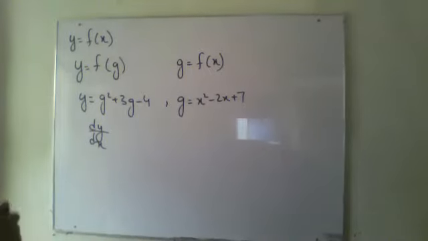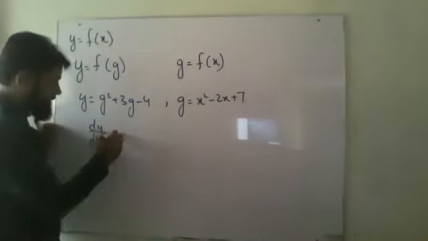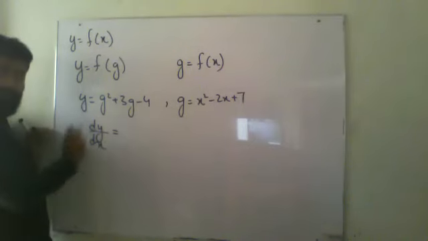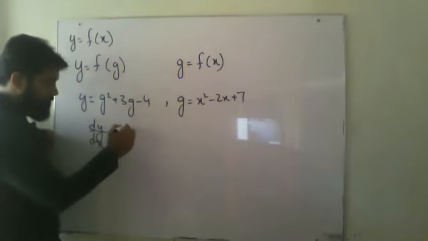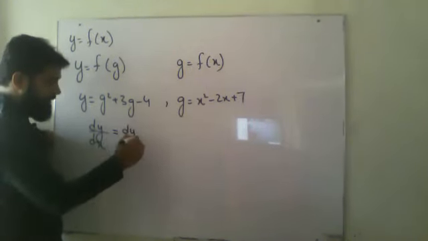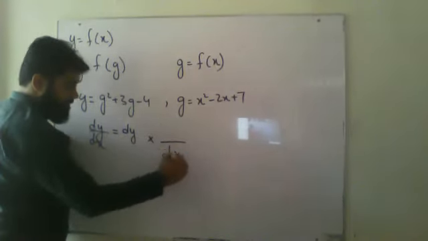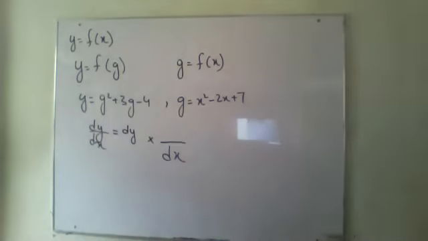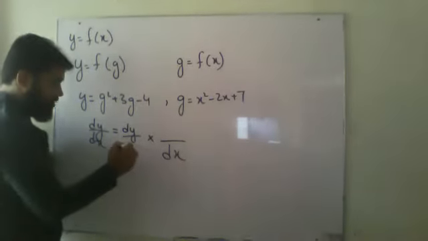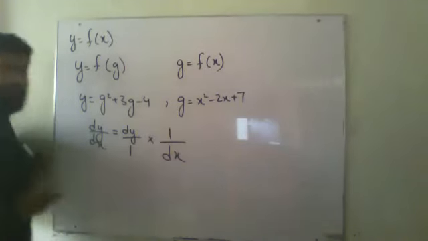What do we mean by chain rule? Chain rule means, see, I have to find dy over dx. So what will I do? I will write dy into dx. First I have written it in this way. For instance, I am writing 1 over here and 1 over here.